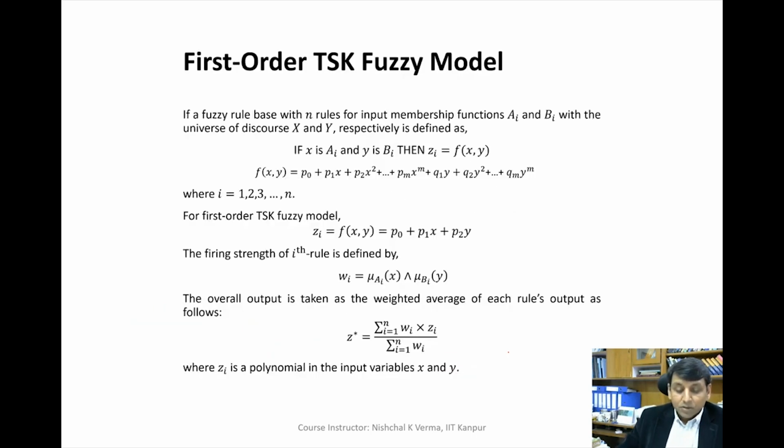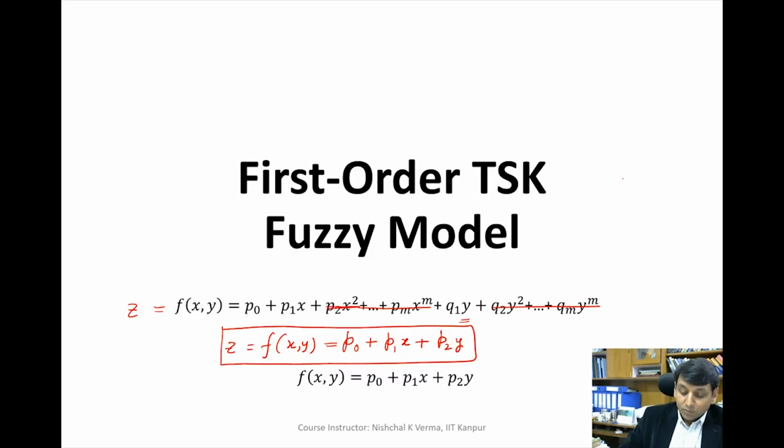So let us quickly go ahead and understand. Here this is the general form of the polynomial of the output of the first order TSK fuzzy model, but here m can be only 1. So when we say first order TSK fuzzy model, it means m is equal to 1.